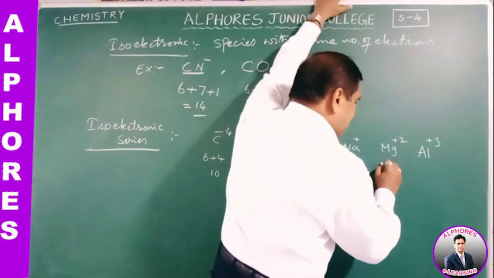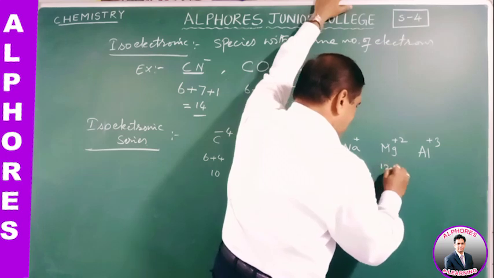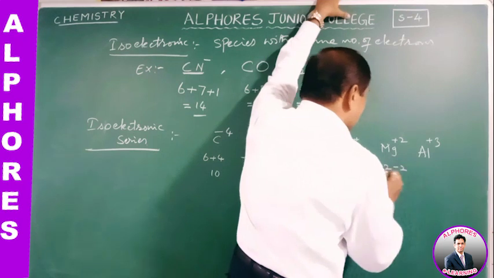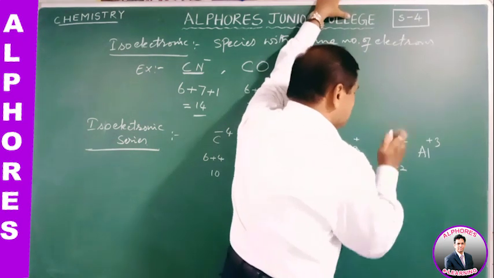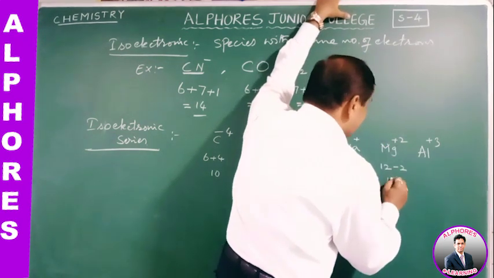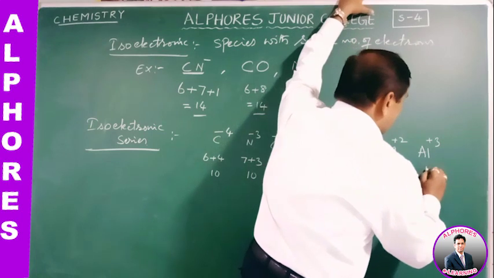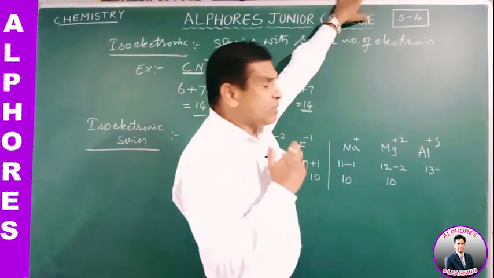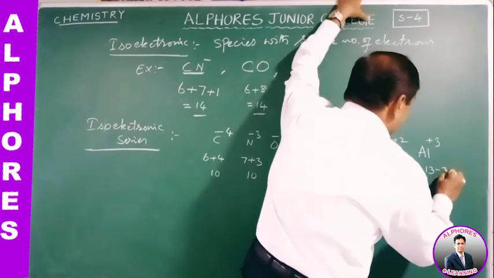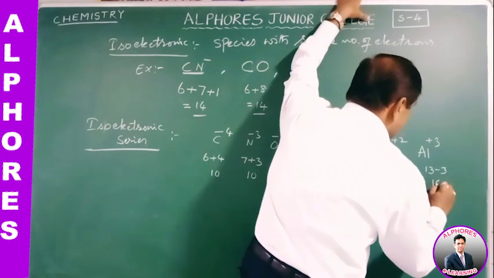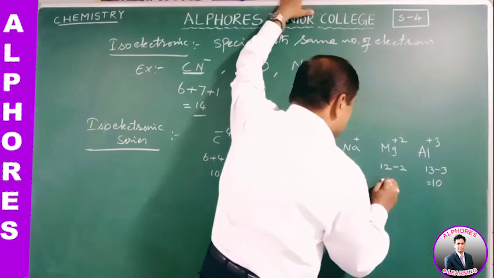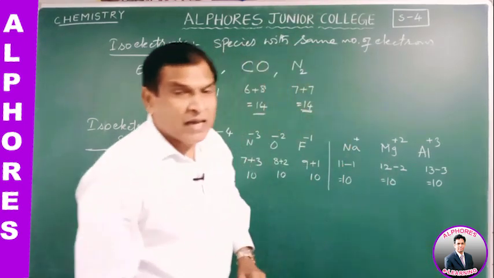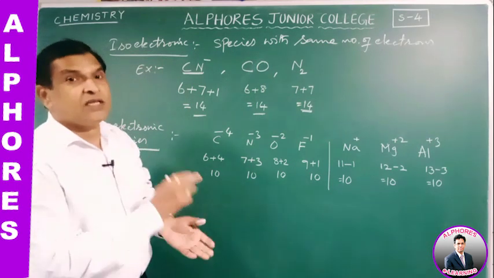Magnesium atomic number 12, plus 2 means it has lost 2 electrons, and the total number of electrons in this Mg plus 2 ion is 10. Aluminium atomic number 13, plus 3 means it has lost 3 electrons, so it also has 10 electrons. So we can call them an isoelectronic series.